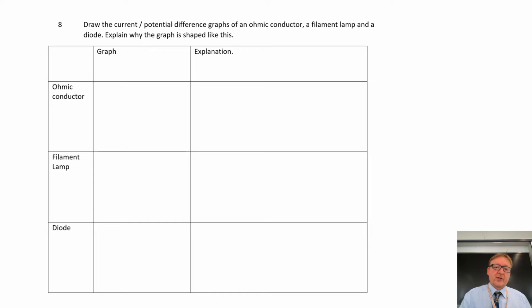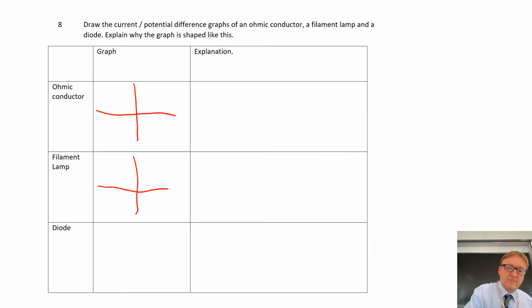Draw the current potential difference graphs of an ohmic conductor, filament lamp and a diode. I'll just draw the graphs first. I'm going to draw a cross, I'll draw a cross, I'll draw a cross. That side up there is amps, that's volts.